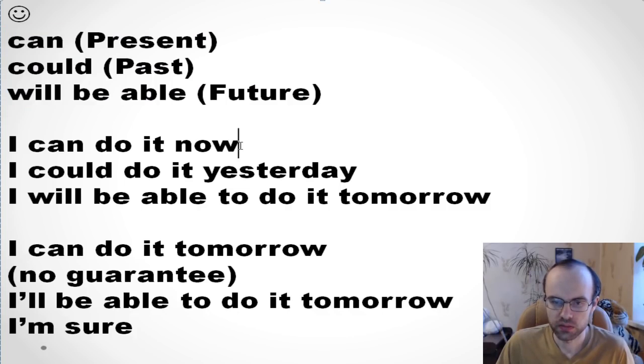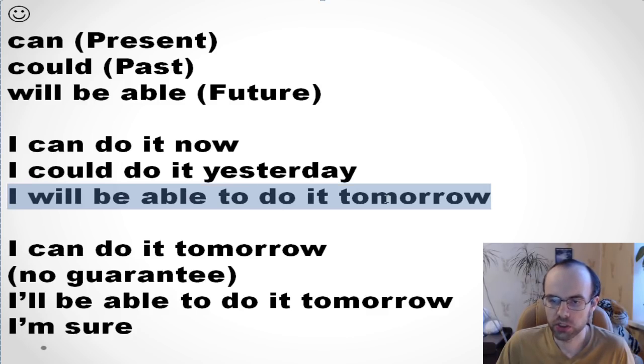So if you're talking about now, I can do it now, so it's possible for me to do it. If you're talking about yesterday, I could do it yesterday. Yeah, it was possible for me.